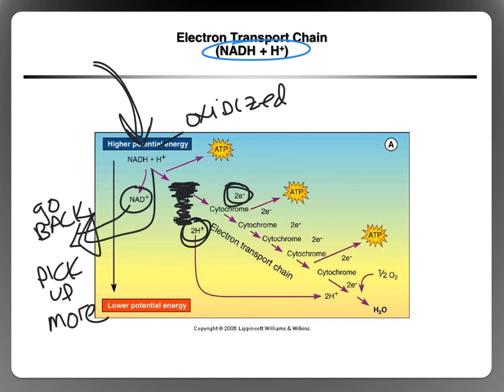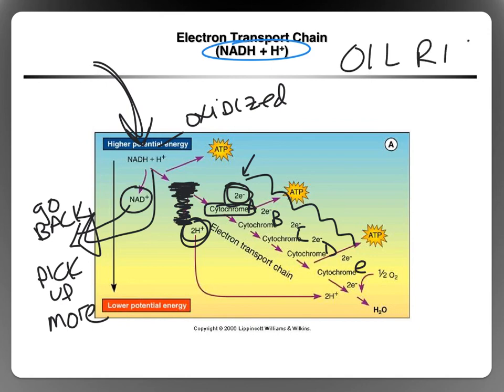So these hydrogens and electrons are split, and now the electrons get passed down a chain of cytochromes. So we have several cytochromes, and the first cytochrome accepts the electrons, gains the electrons.